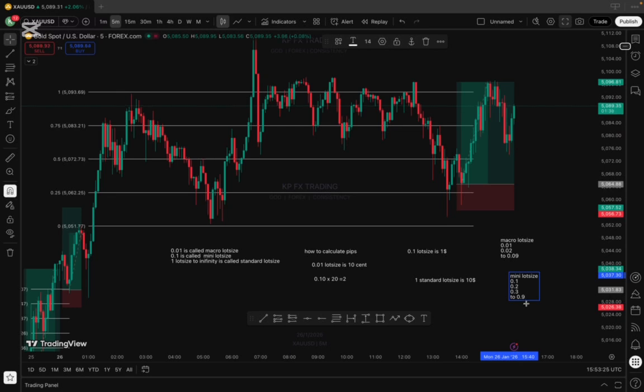And that $9 will stop here before you get to the standard lot size.